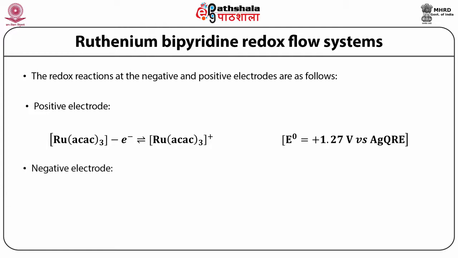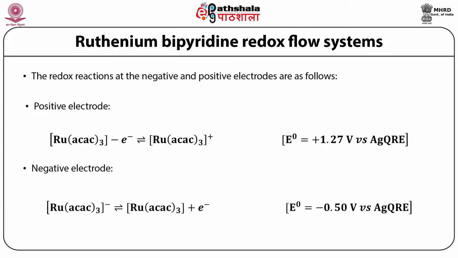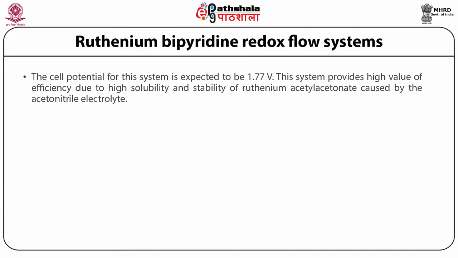At the negative electrode, Ru(acac)3 minus charges or discharges to give Ru(acac)3 plus 1 electron, with E0 equal to minus 0.5 volts versus AgQRE. The cell potential for this system is expected to be 1.77 volts.